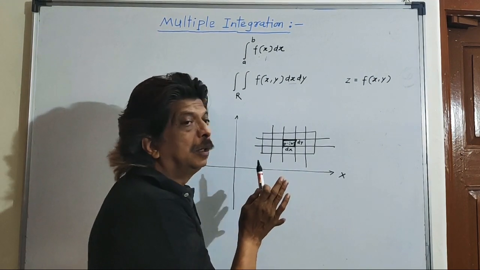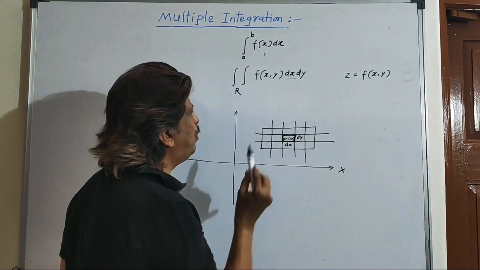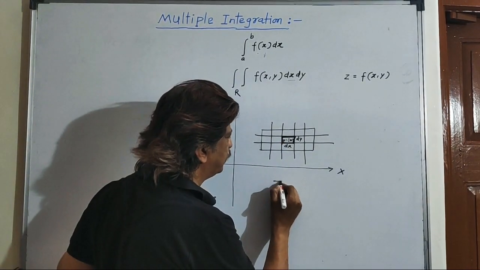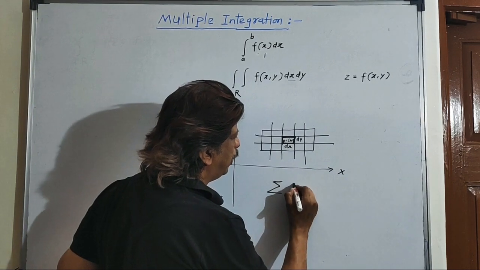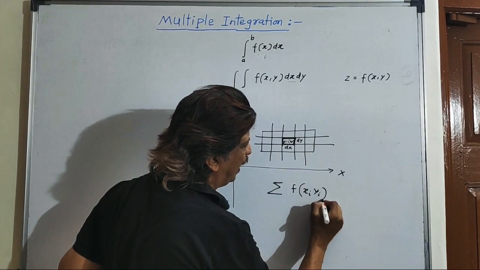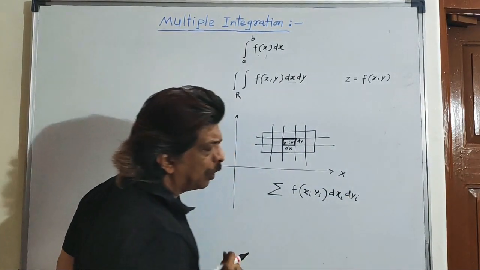Now, what do we do? We take the sum of all such rectangles. For instance, summation of f of x_i, y_i, dx_i, dy_i.